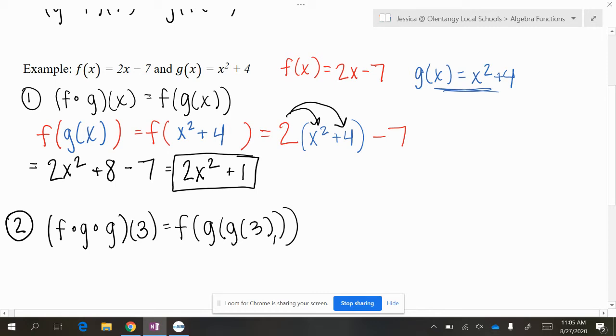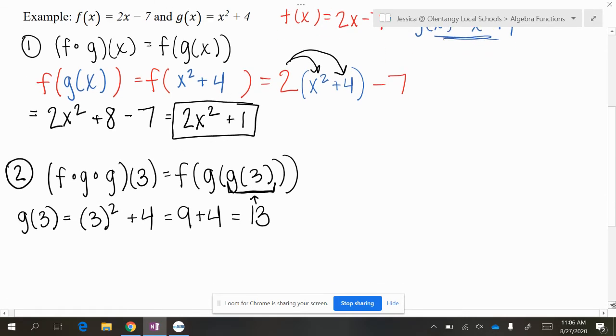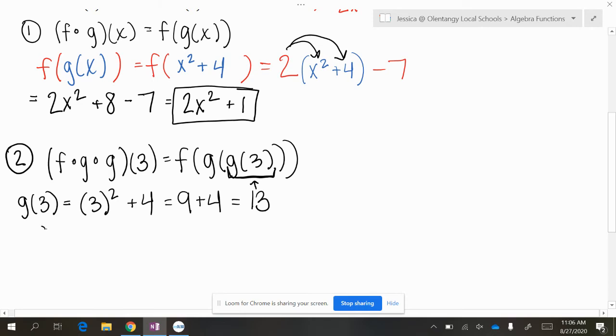So let's first deal with this g of 3. g of 3 is 3 squared plus 4, which is 9 plus 4, or 13. So now I'm going to replace g of 3 with 13.